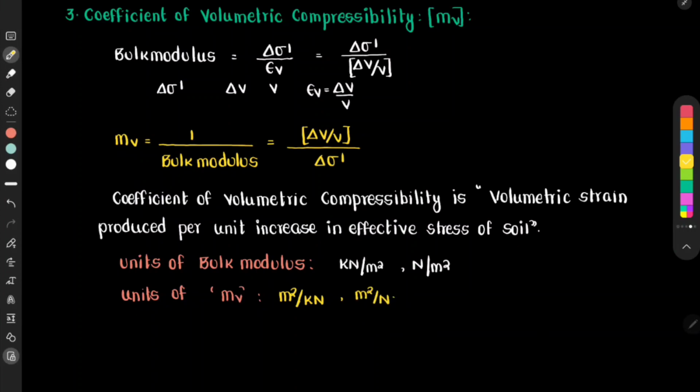If they ask you specifically what are the SI units of MV, then you should say meter square per Newton, because in SI units, force unit is Newton and area unit is meter square.